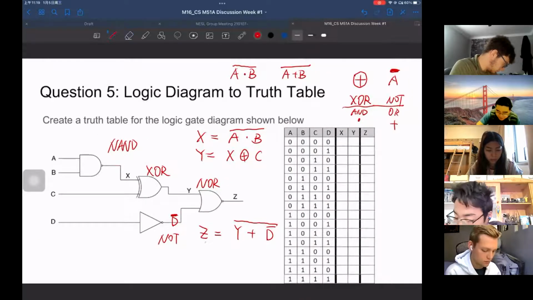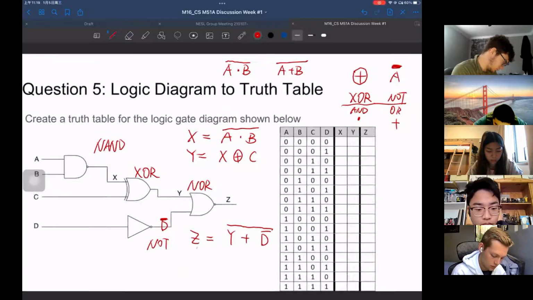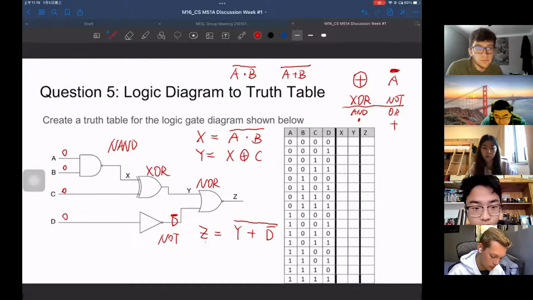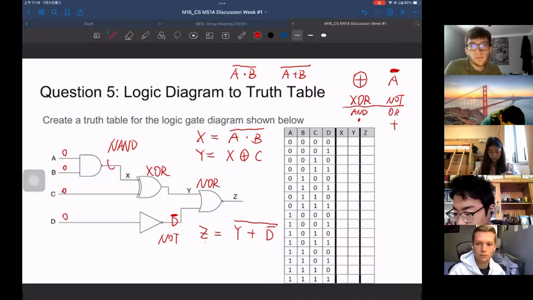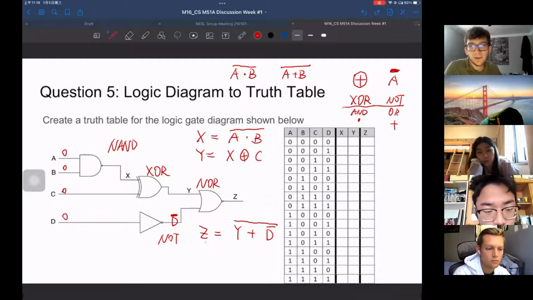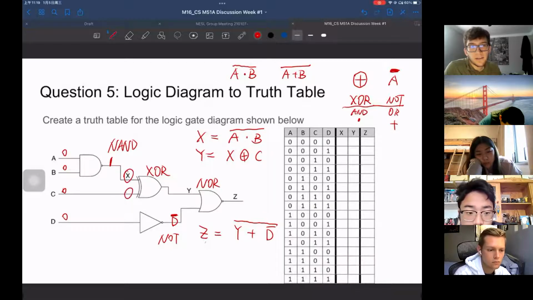Okay, so we can fill in the truth table manually now. That is A, B, C, D. What if they are all zeros? What's going to happen here? Any volunteers? X would be 1. Yes, 0, 0 gives 0, so NAND means it's 1. Great. Then I have an XOR. Does X equal C?